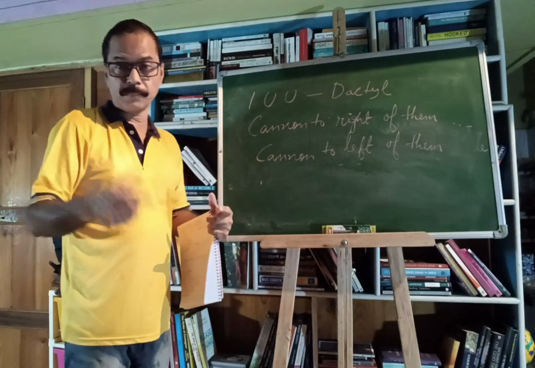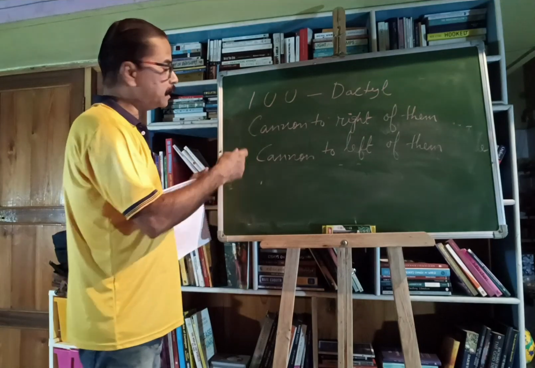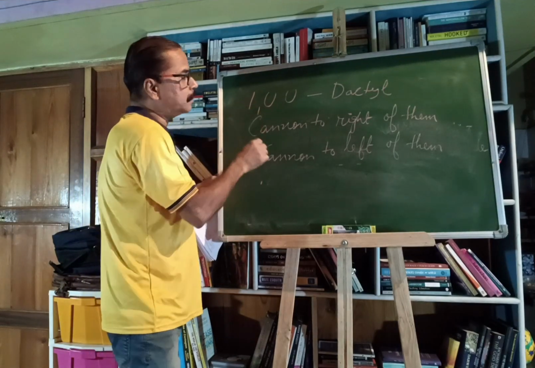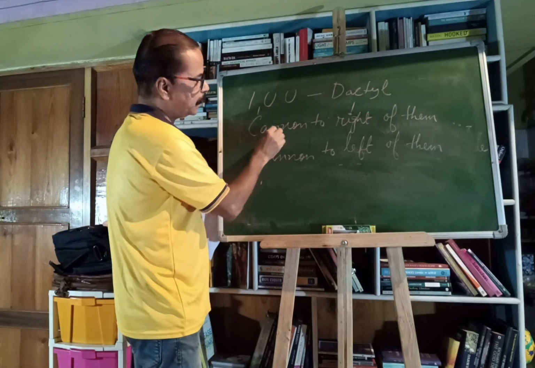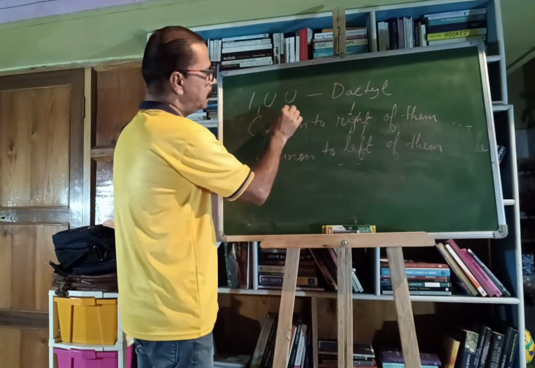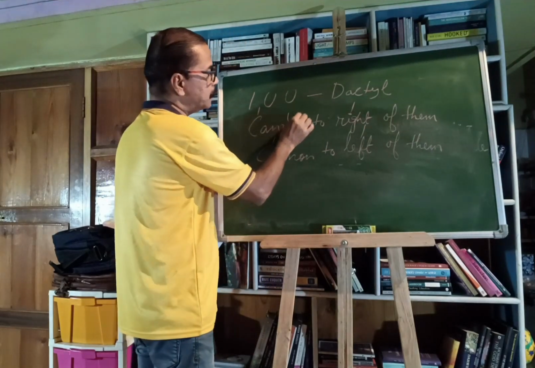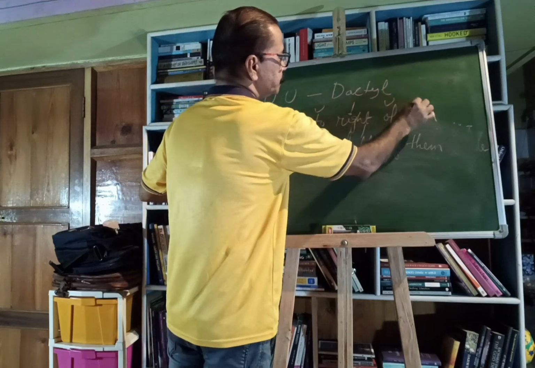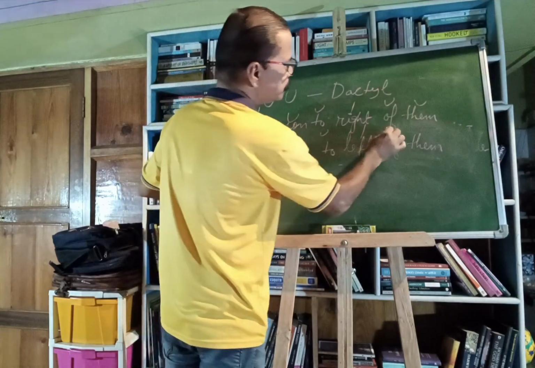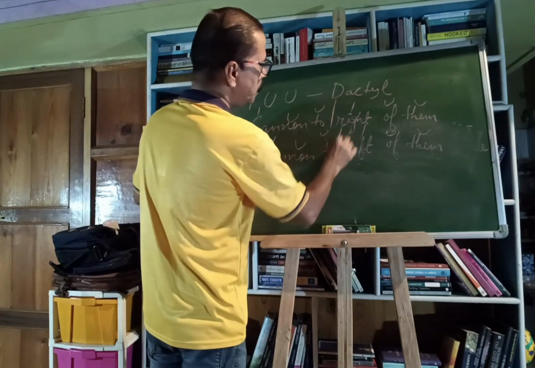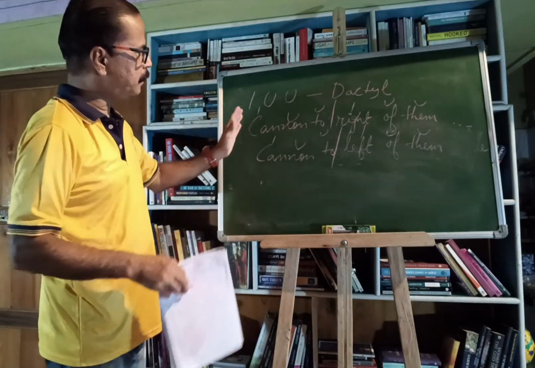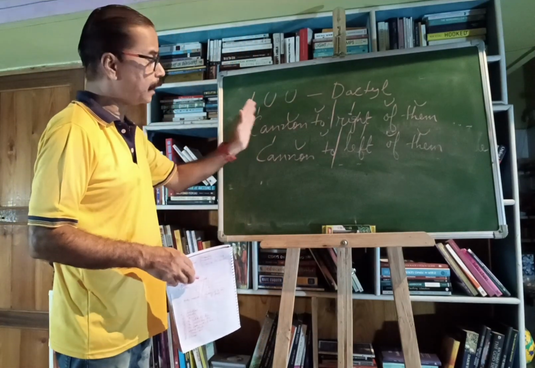cannon to right of them, cannon to left of them. So the stressed syllables, of course, undoubtedly are cannon, right, cannon, left. So cannon has two syllables, so one unstressed. So cannon to right of them, cannon to left of them. So what we see here is the pattern is stress, unstress, unstress.